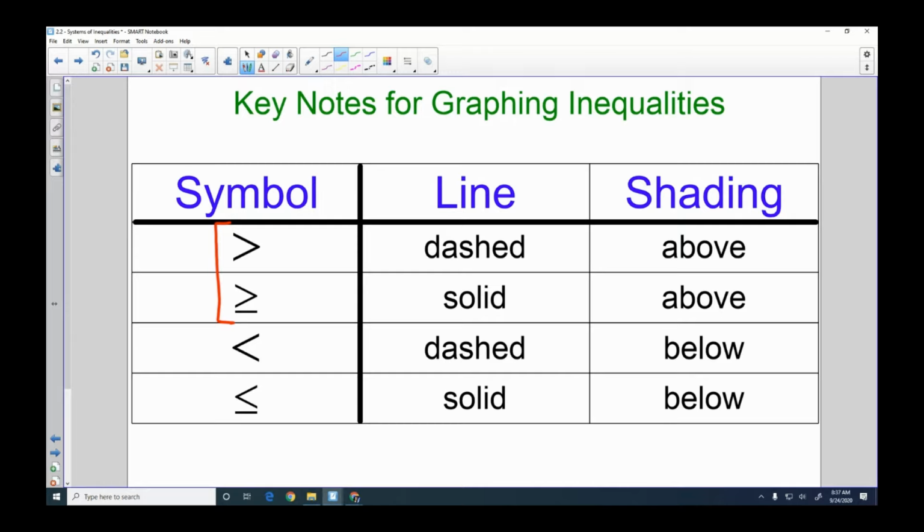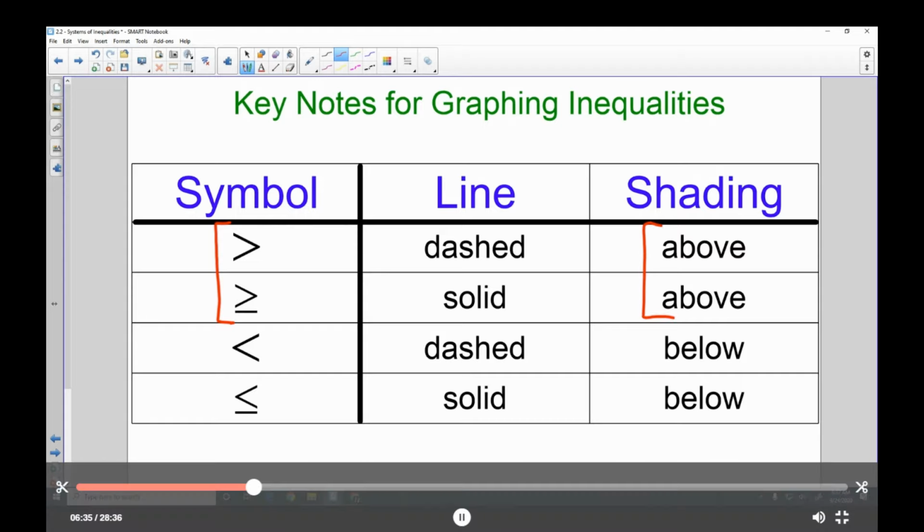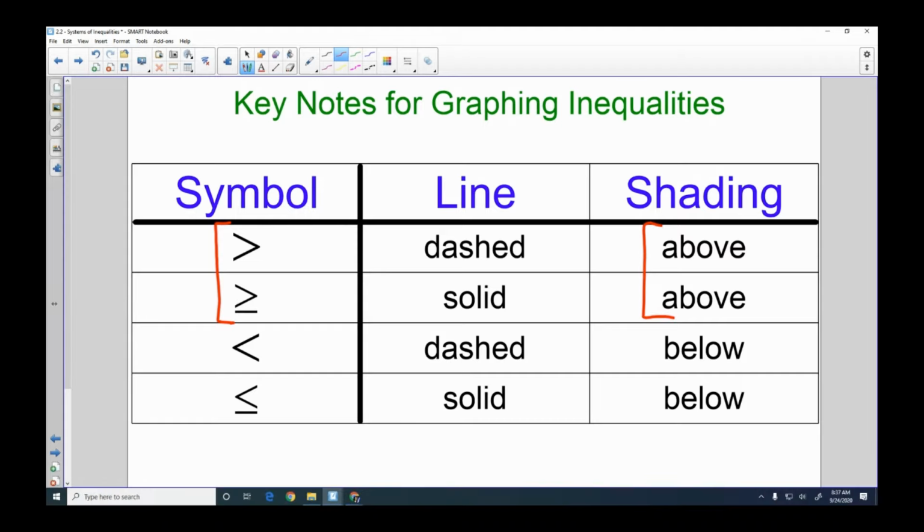Since they're both greater than or equal to, we will shade above those lines, because doesn't the word greater kind of mean up or higher or above? Greater is on top. So if you have a greater than or equals line, you're going to shade above it.